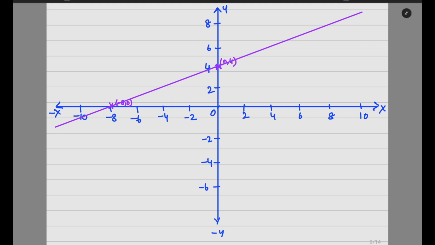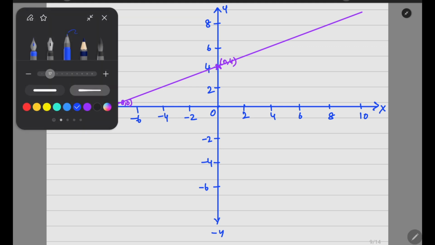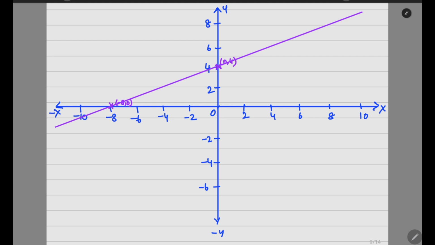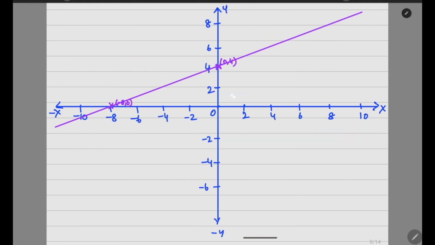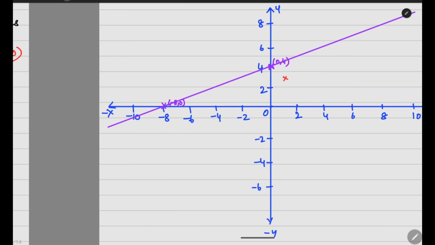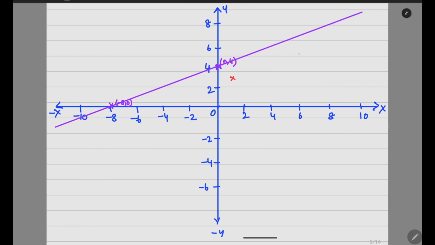Similarly, let me take another color and do it for the next side. So 1 comma 3, 6 comma 4. 1 comma 3 will be somewhere here. Okay, so this is 1 comma 3. And what is the next? 6 comma 4. 6 comma 4 will be somewhere here.